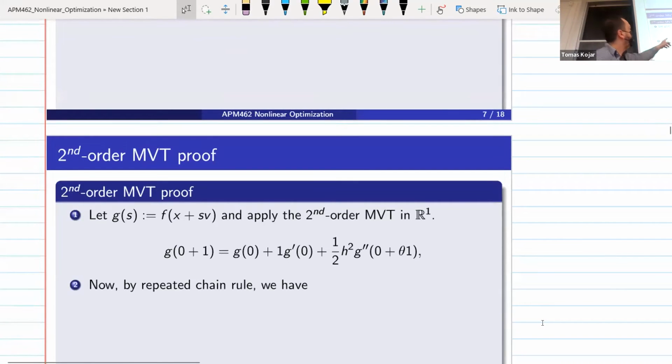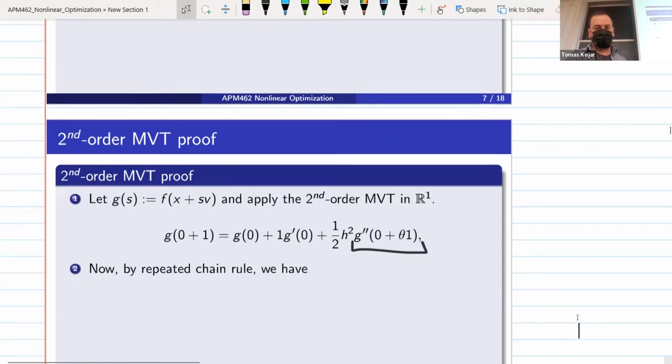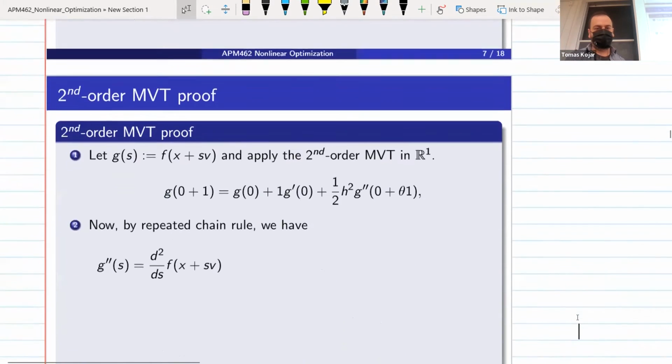So that was the theorem that when you expand around 0 or x, you end up with the second order mean value here. Is that okay? Okay, good.